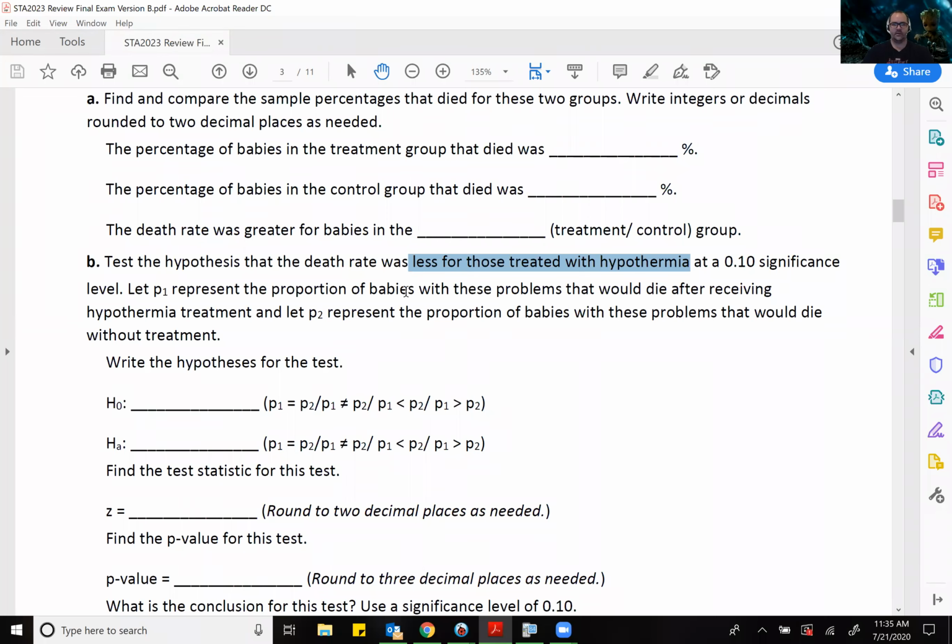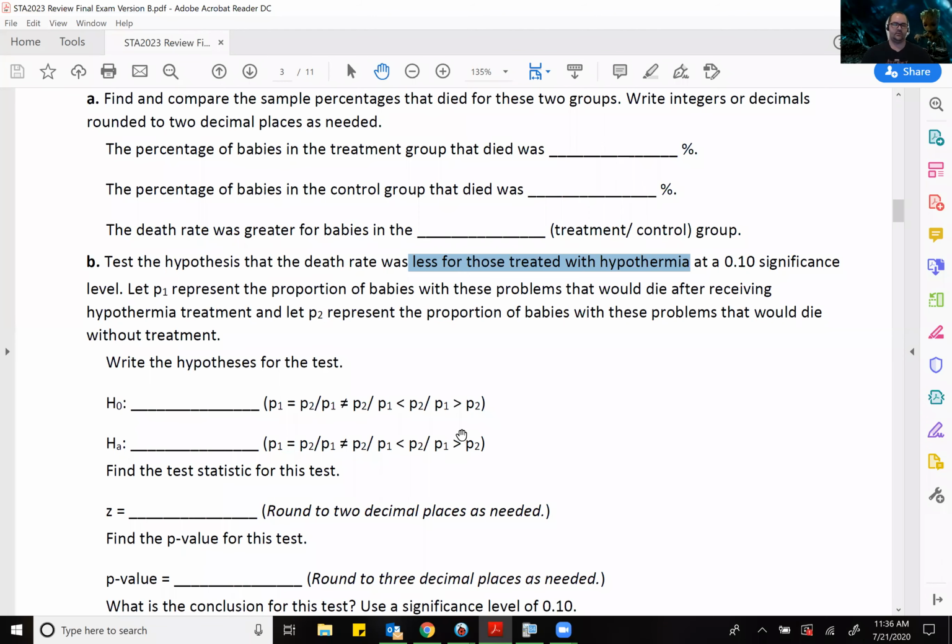Okay? So when we're down here and we look, it's got to be this guy. Because this is the treatment group is less than the control group. Okay? It's always important to make sure that you remember who P1 and P2 are. Because if P2 had been the treatment and P1 had been the control, we would have chose this guy. Because this would have been the control group and this would be the treatment group.